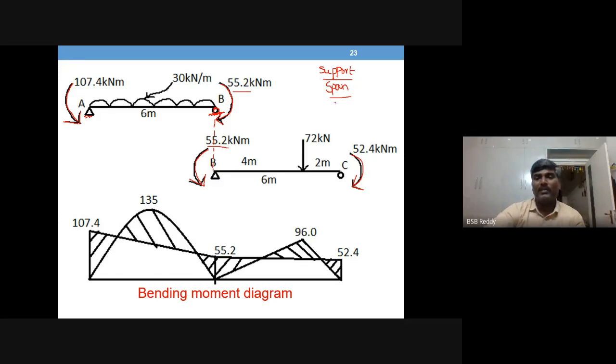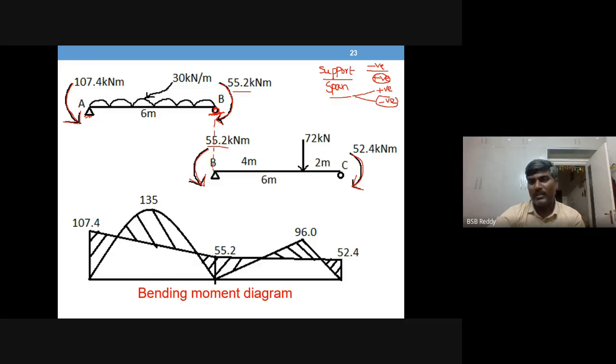Again, I told you that when you draw support moments, negative values go above the reference line and positive values below the reference line. Whereas when you draw span moments, positive values go above the reference line and negative values below the reference line. This is a rare case.